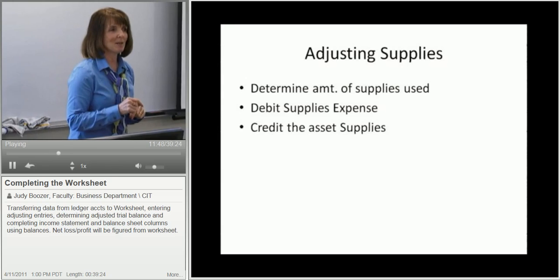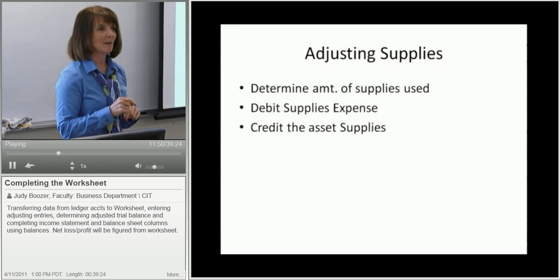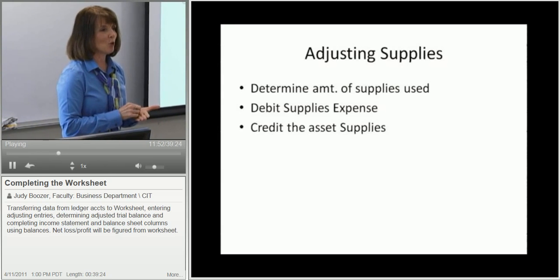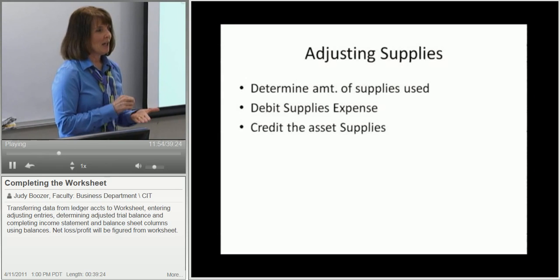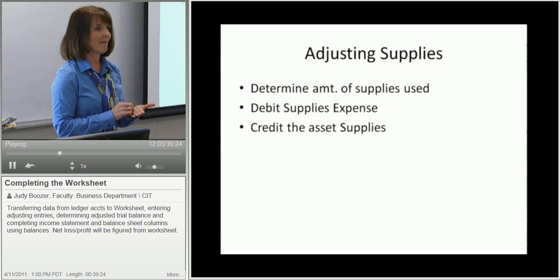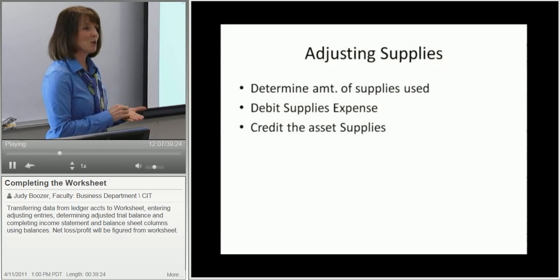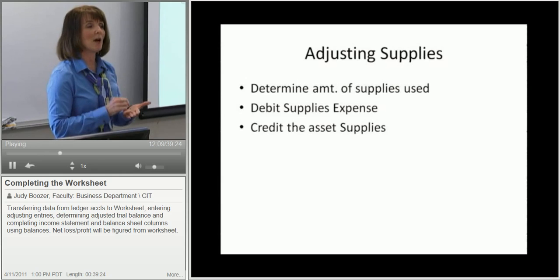What happens, however, if the information states this? Supplies has a beginning balance of 2,000, but after inventory, the inventory amount shows that $1,200 in supplies is still remaining. Good. So the adjusting entry is going to be for the amount used, not remaining.